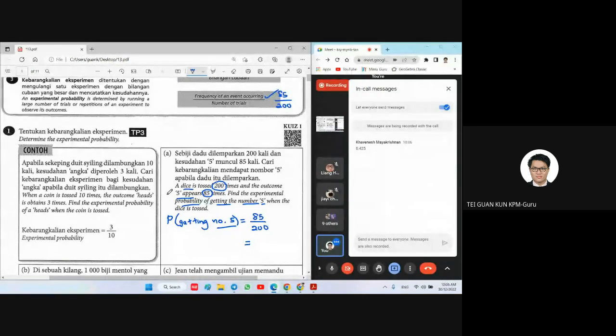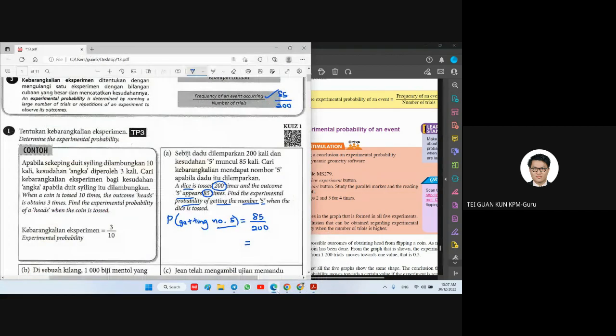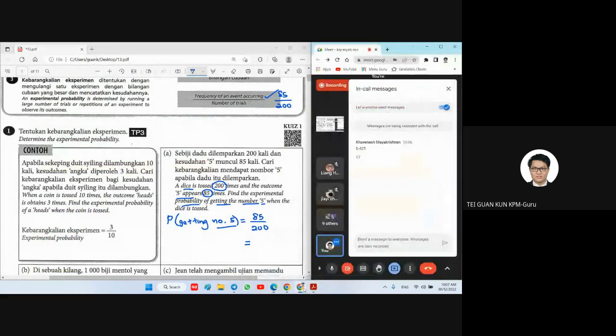Maybe you just give your answer in fraction. Okay, probability is the measurement of possible occurrence of an event expressed either in the form of fractions or percentage. Then you can leave your answer in fraction or even percentage. So if in fraction, the answer is what? Fraction 17 over 40. Okay, 17 over 40.